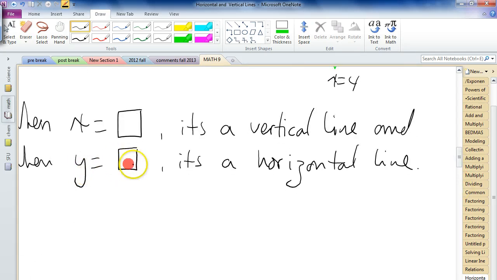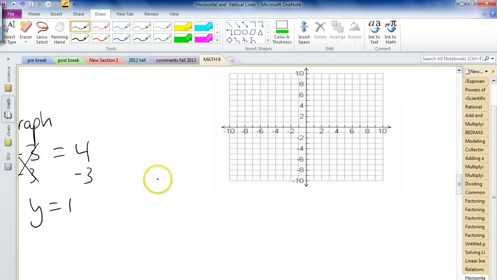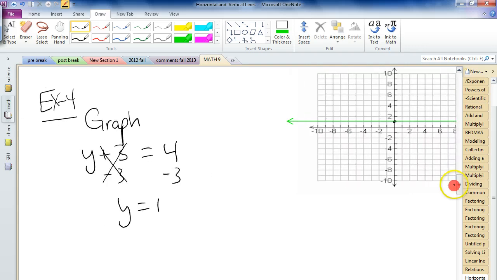When y equals something, it's a horizontal line. So when y is equal to 1, we just put a dot at 1 on the y-axis and draw a horizontal line there. That's all you've got to do, even though my line is not completely horizontal. There, done. It's so easy.